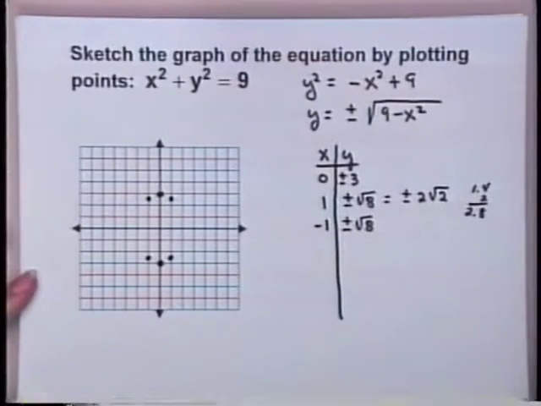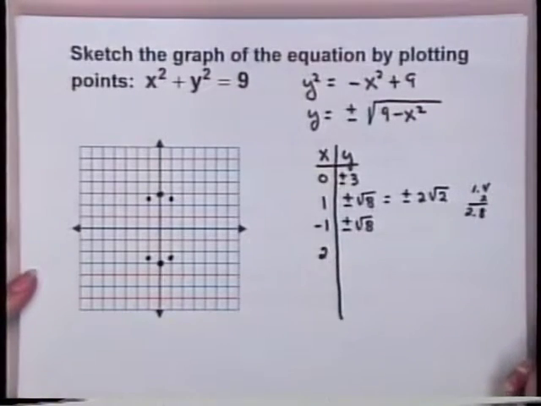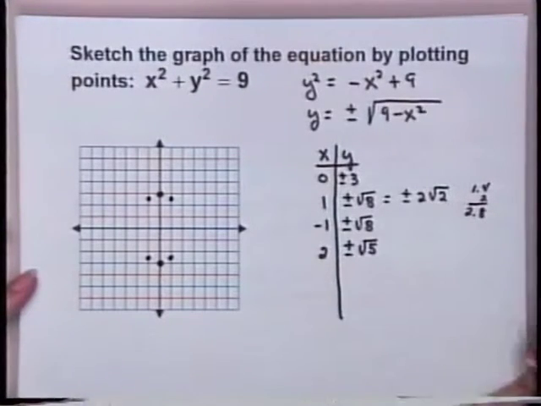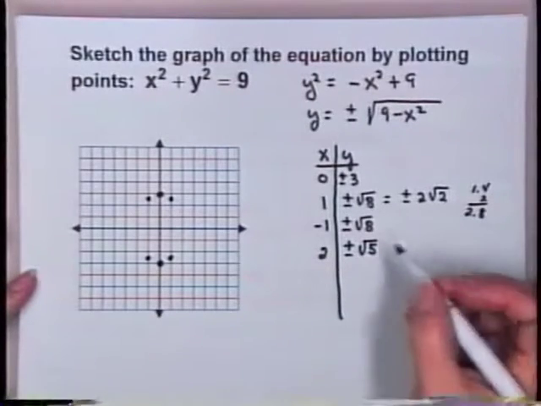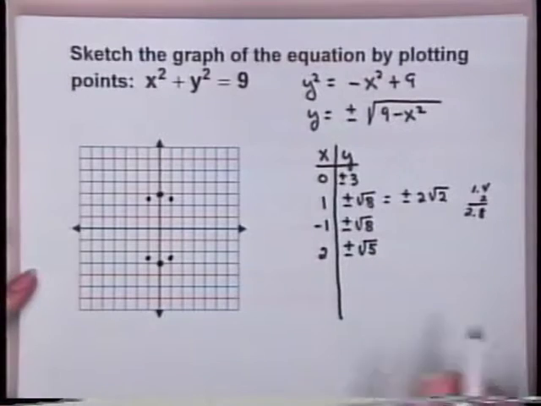Okay? Okay, well let's see. Let's try x being 2. Now 2 squared is a 4, so 9 subtract 4 is 5, plus or minus the square root of 5. Now, I don't know the exact value of the square root of 5, but I do know it's between 2 and 3. And I know the square root of 5 is going to be smaller than the square root of 8, isn't it? Okay?